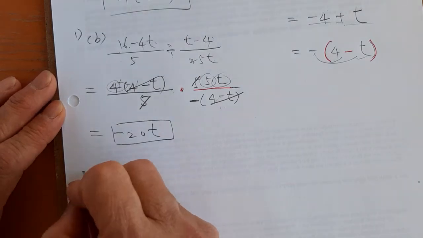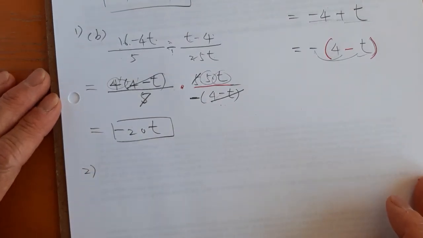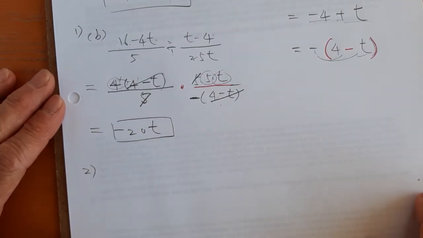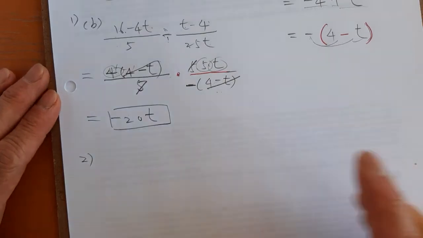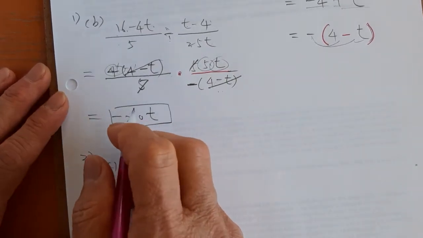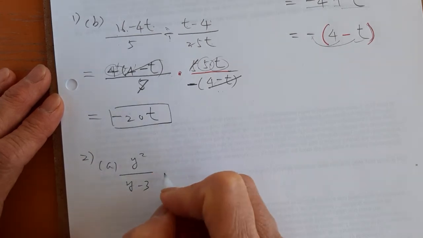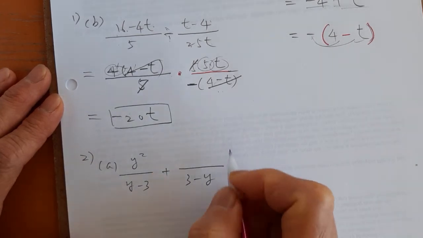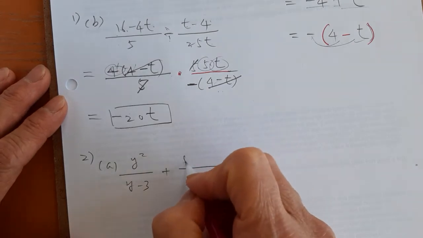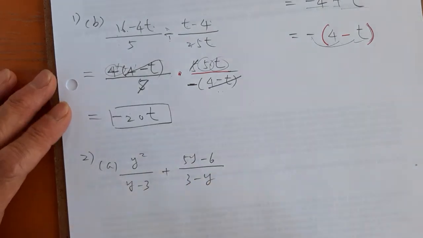And question 2. We do addition and subtraction of rational expressions. A: y squared over y minus 3 plus (3 minus y) over (5y minus 6).